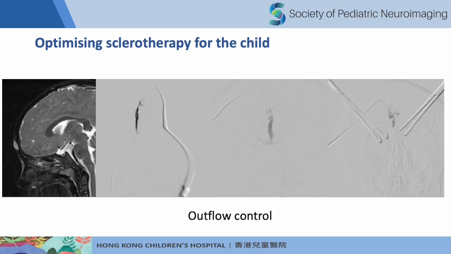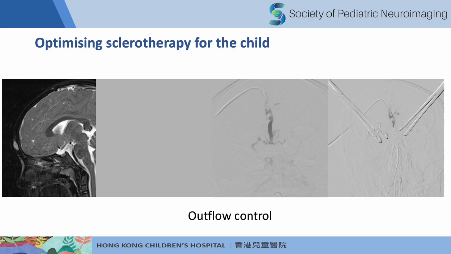So if we look at this forehead venous malformation, on the venogram, you can see that it drains to the cavernous sinus. And this is something we want to avoid the sclerosant going into, because it would cause thrombosis and clots forming in the cavernous sinus. And on the AP, you can see that it drains through the superior ophthalmic vein bilaterally and going into the cavernous sinus.